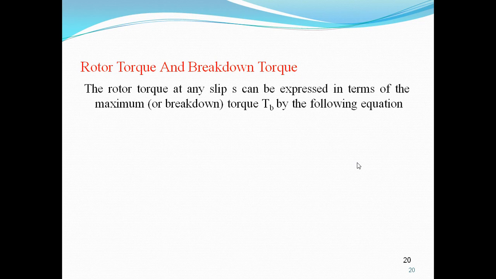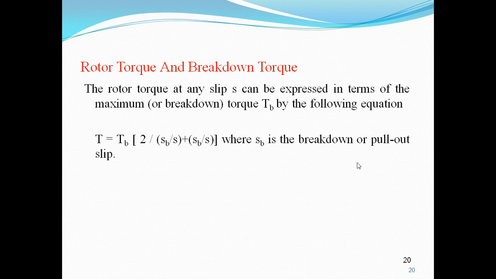Rotor torque at any slip can be expressed in terms of maximum torque by the equation. Note down the expression, where SB is the breakdown slip, or slip at maximum torque, and TB is the maximum torque value.